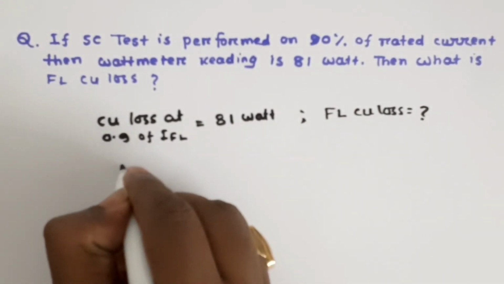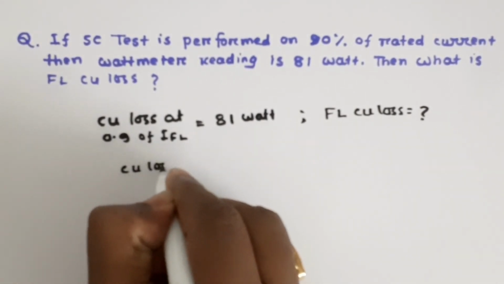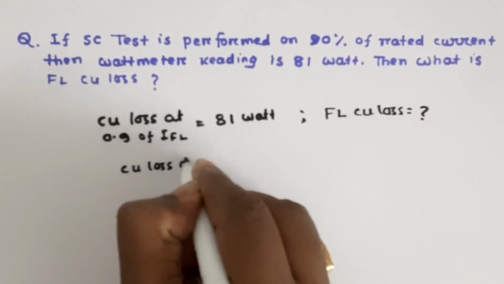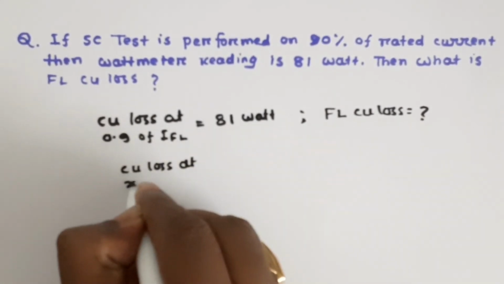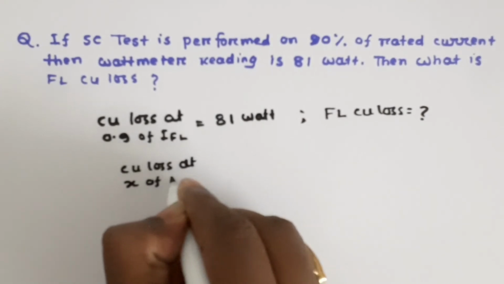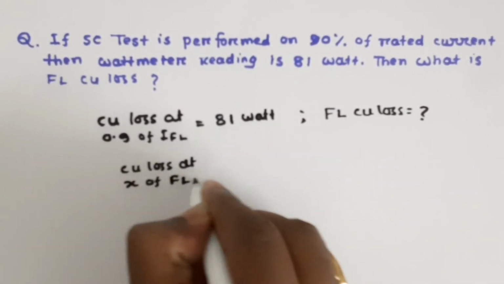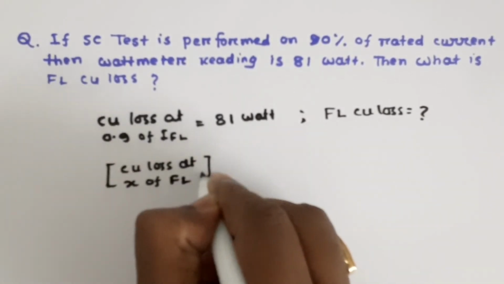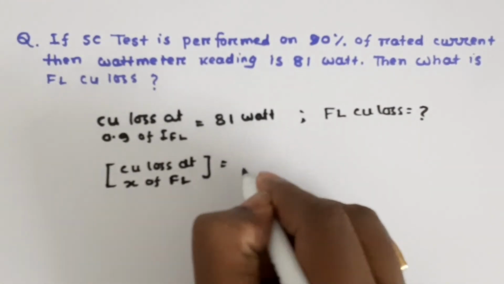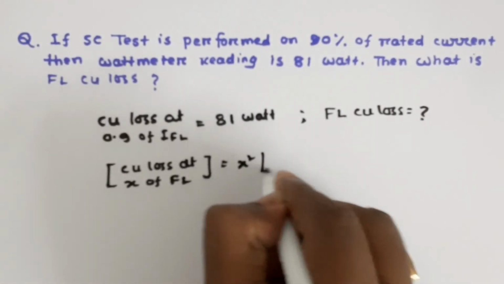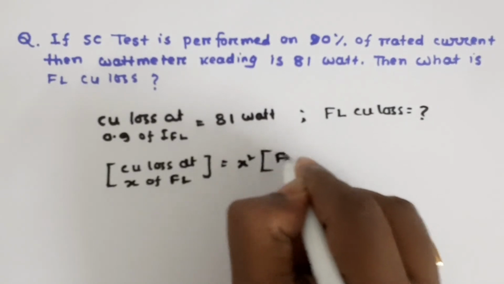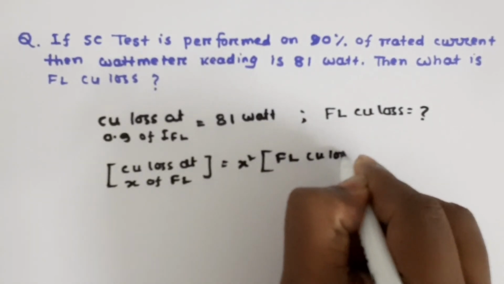Now the copper loss at X of full load is given by X square into full load copper loss.